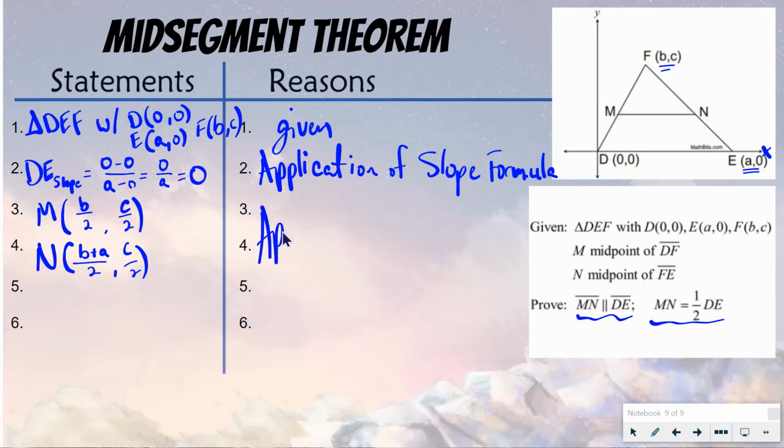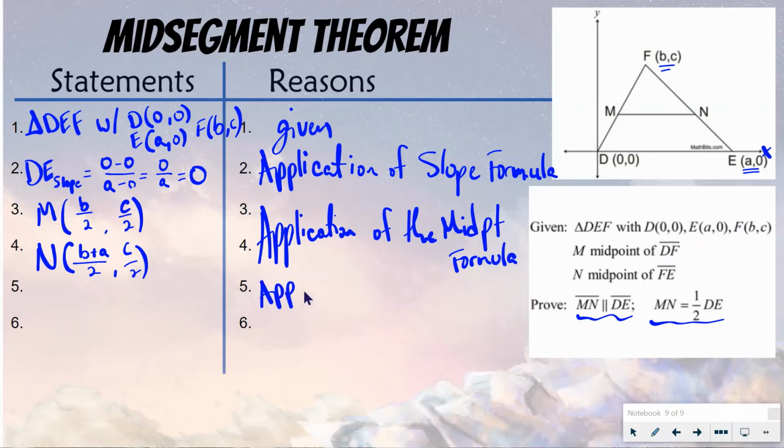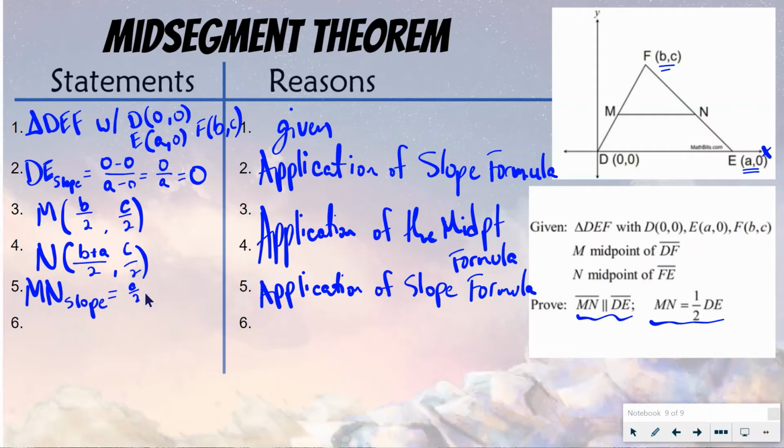So both of these are the application of the midpoint formula, just showing those two midpoints. And now I'm going to apply the slope formula again to find the slope between points MN. So I'm going to do C over 2 minus C over 2, y2 minus y1.